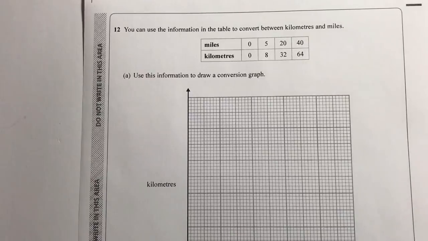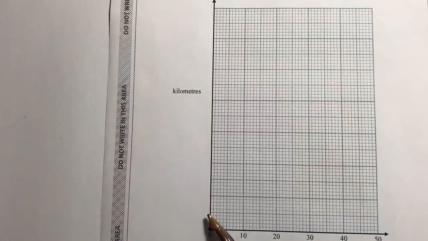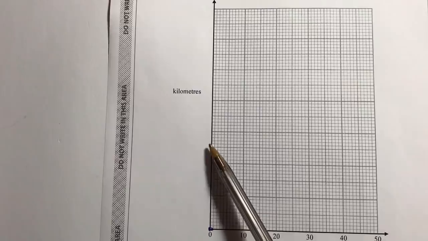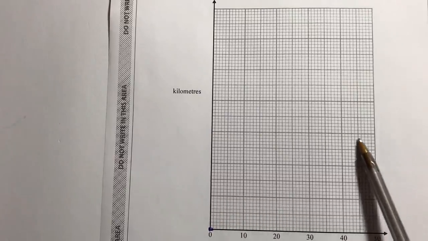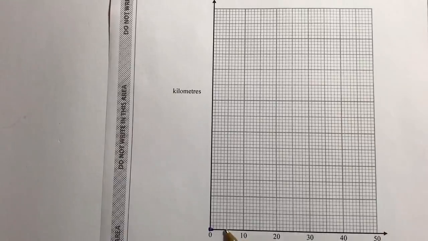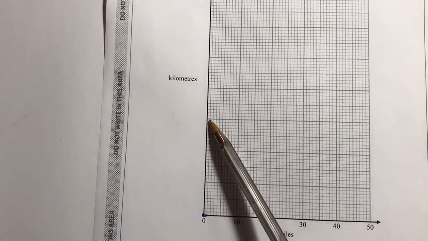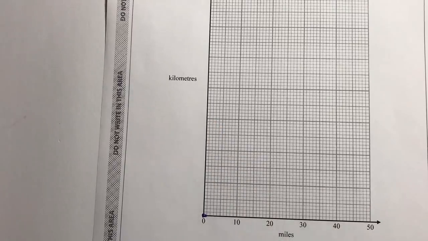If I wanted to, I could just draw a very, very small graph where this is 10, 20, 30, 40, 50, 60. You can see my graph would be that tall by this wide. It's not going to look great, but it's going to be all right, and you'll probably get the mark.